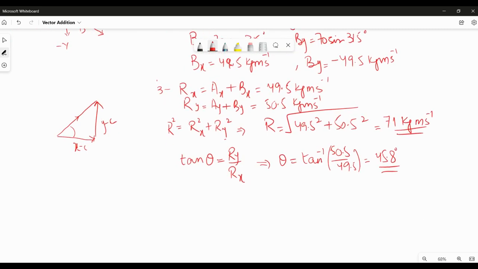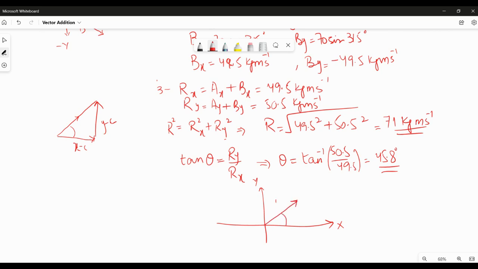Now, just to put things into perspective, if I would like to draw this resultant vector again on the xy plane, just to sketch it, just to see where it lies, it should be a vector with a magnitude of 71 kilogram meter per second at an angle of 45.8 degrees measured from the positive x-axis.